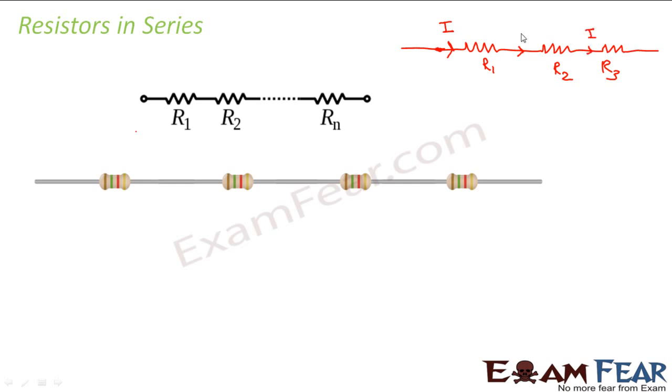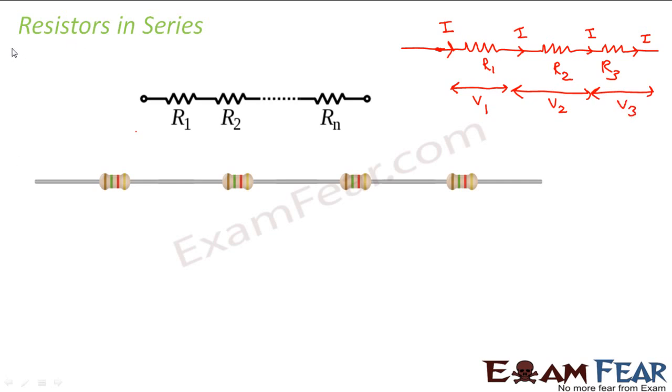So through each of them, the same amount of current is flowing. So when resistors are connected in series, current flowing through each of them is the same. However, the potential difference across each resistor is different. If the potential difference across R1 is V1, across R2 is V2, and across R3 is V3.